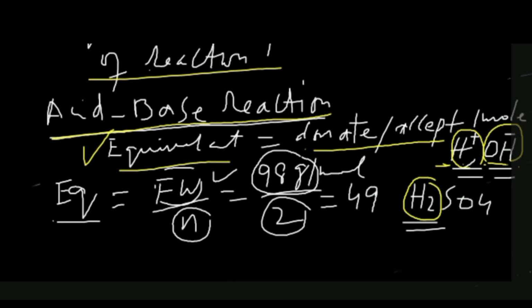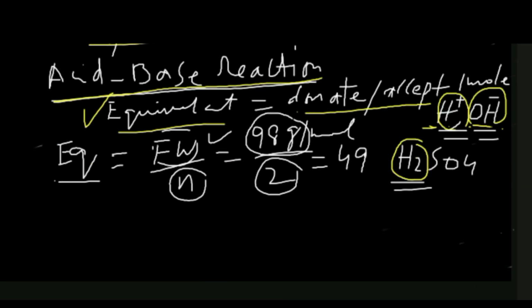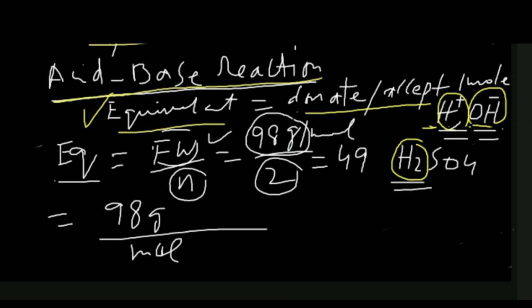We can also write here that this is equal to 98 gram per mole, which is the formula weight of sulfuric acid.